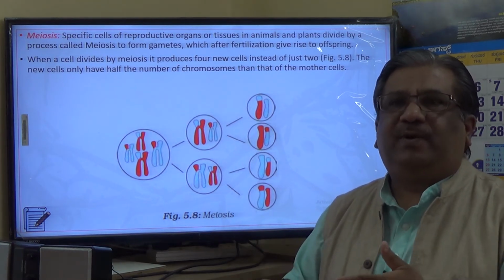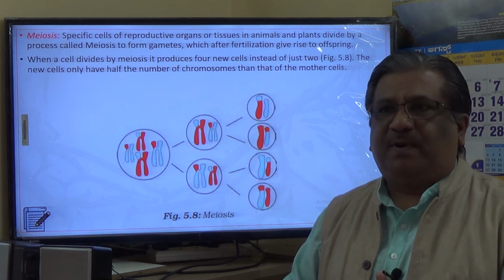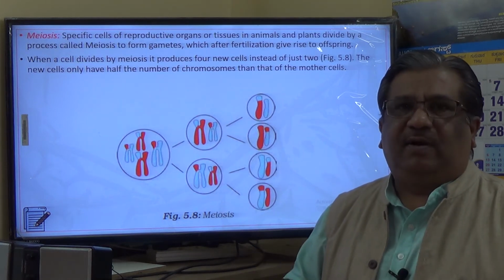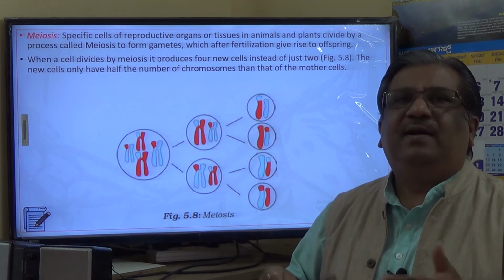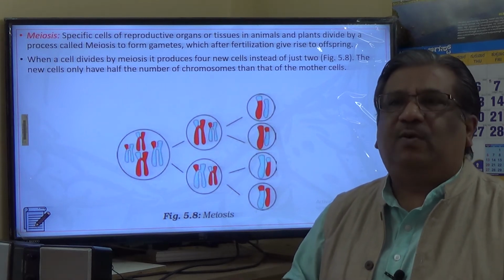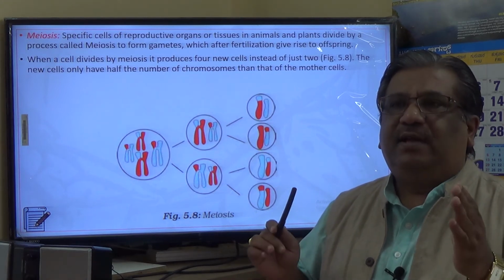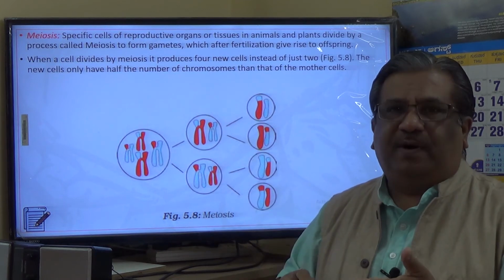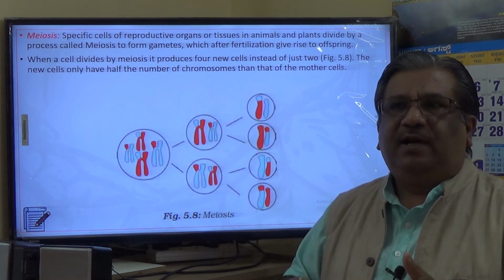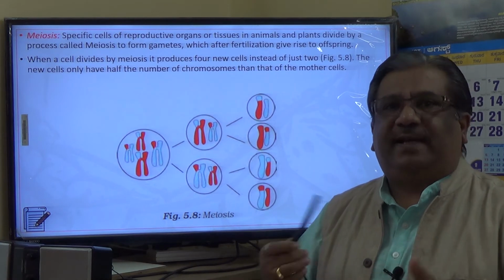So that is what we are looking at: sexual reproduction. In sexual reproduction, both the parents are involved, the mother and the father. So in that case, the egg as well as sperm, when they combine together, the total number of chromosomes is to be restored.